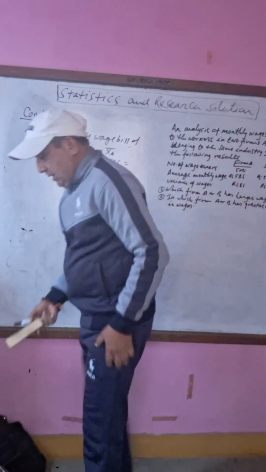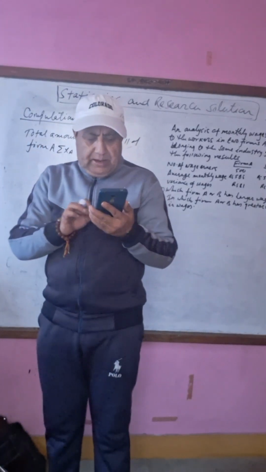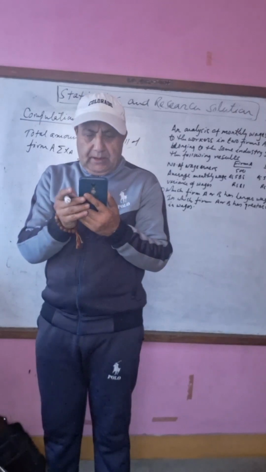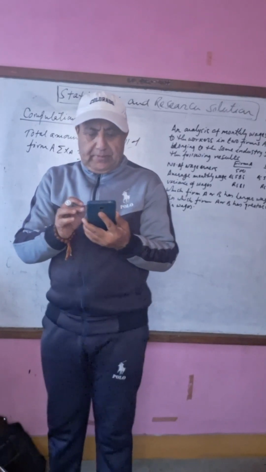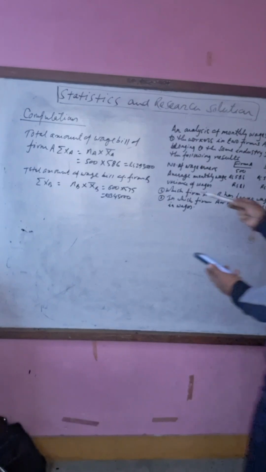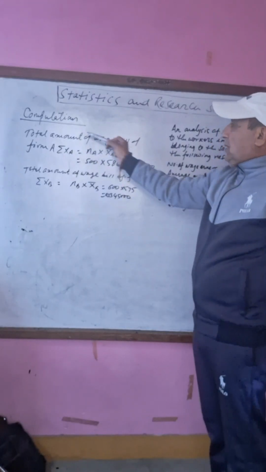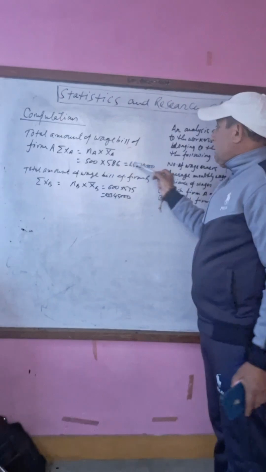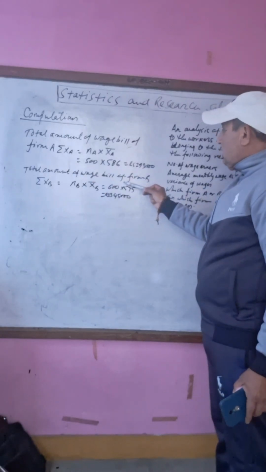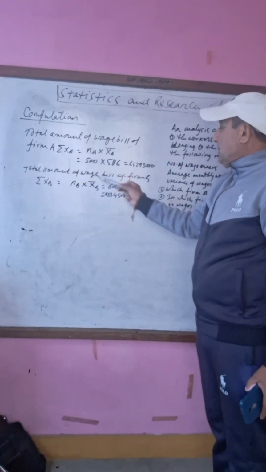Now, with the help of a calculator, we calculate the value. The total amount of wage bill of the workers in firm A is 2,93,000. And the total amount of wage bill of firm B is summation B, that is NB into XB bar.